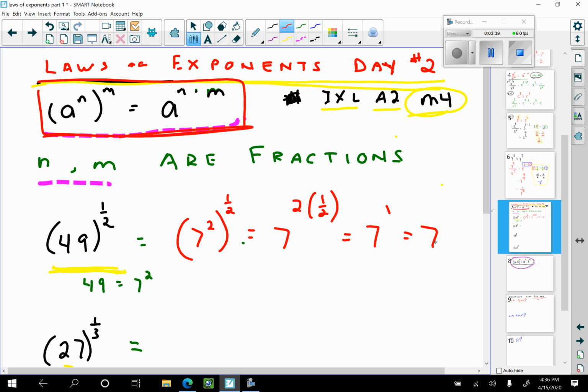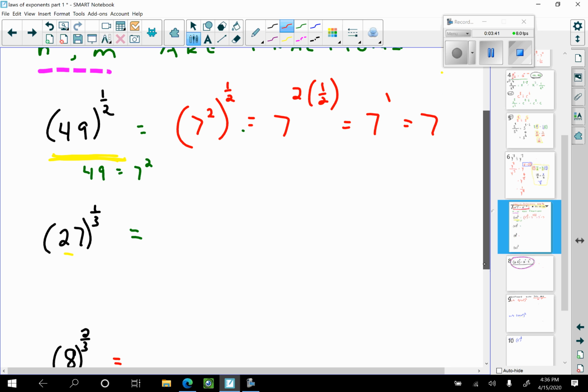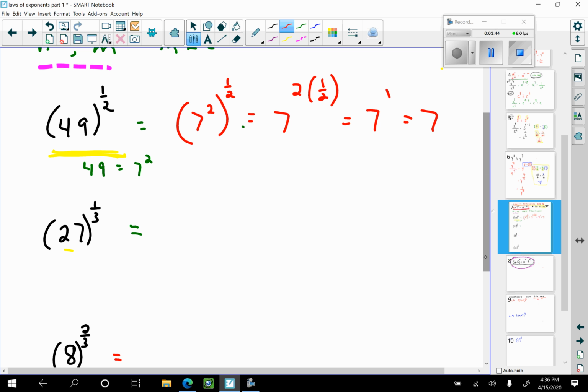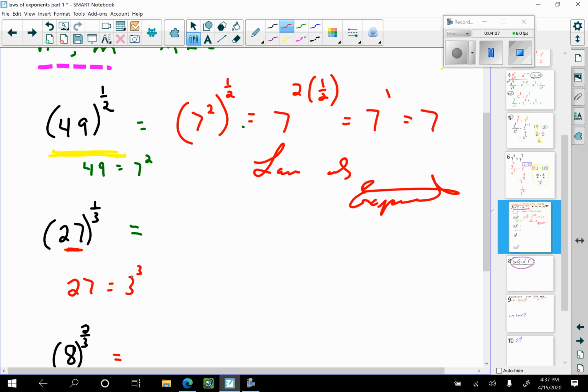Okay, example 1. Example 2 here, 27 to the 1/3. Again, you could talk about that as being a root, but we're not. We're only going to use laws of exponents today. 27, true or false, is equal to 3 cubed.